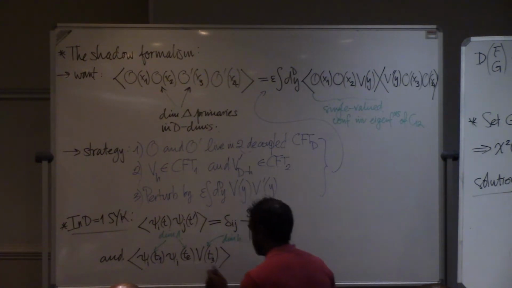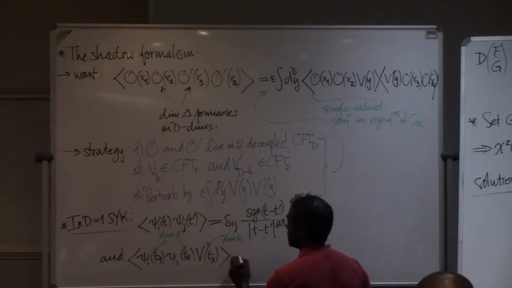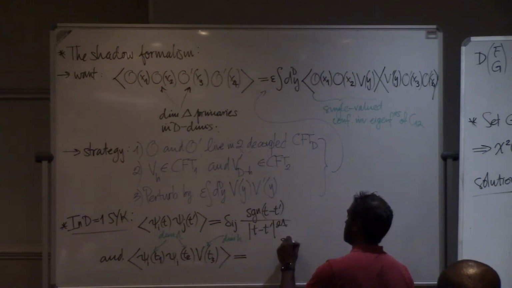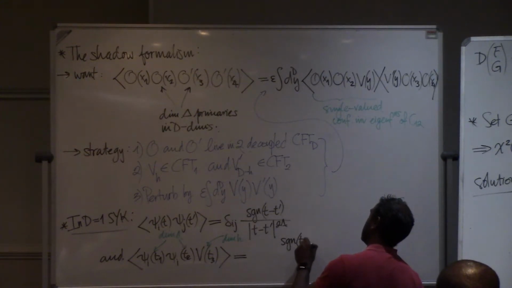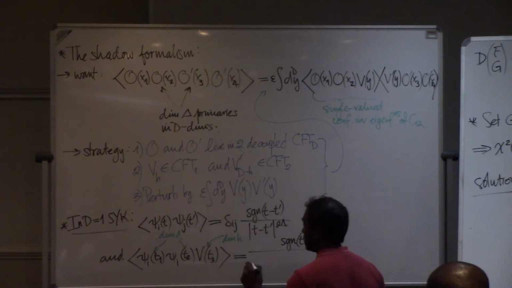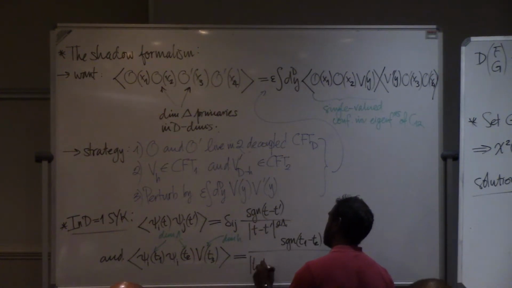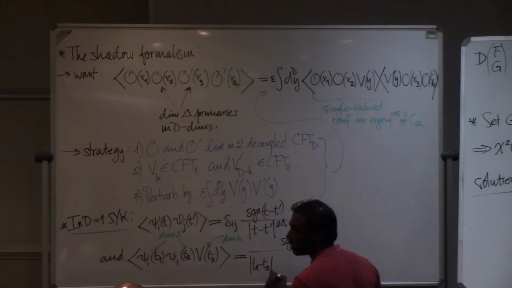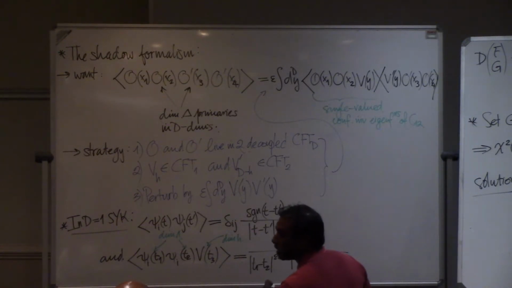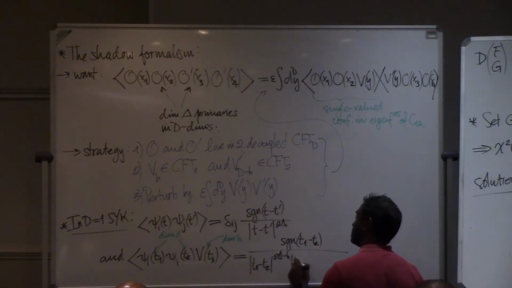So I have these 2 fermions and a boson, and this is the sign of t1 minus t2 divided by mod t1 minus t2 to the 2 delta minus h, times mod t1 minus y.